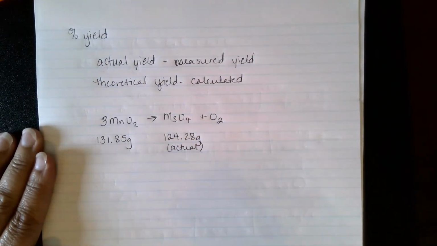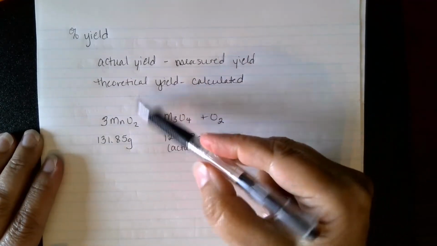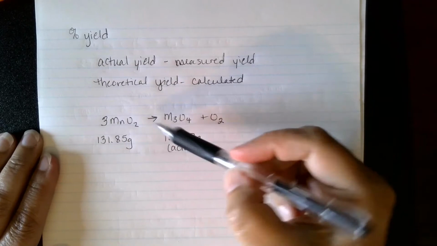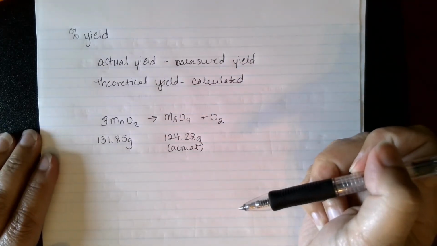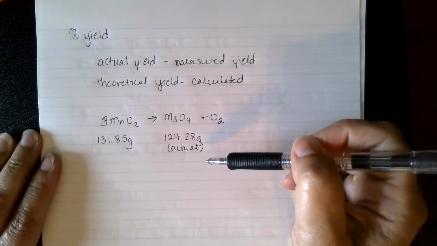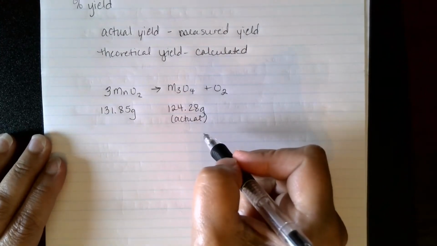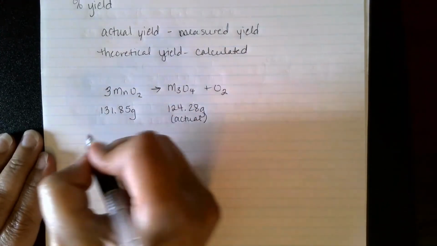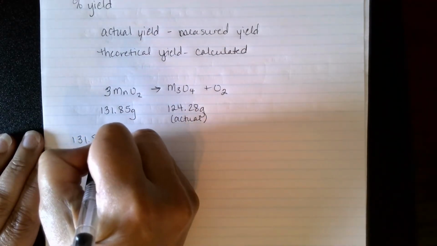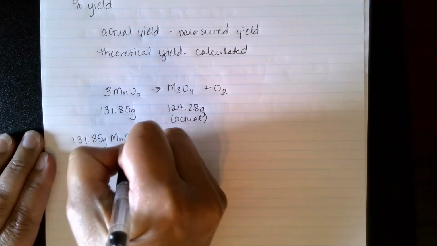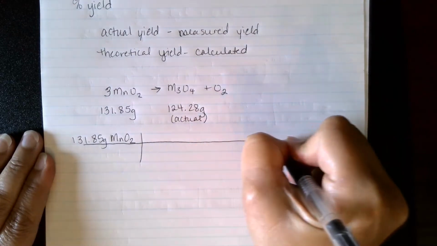Now, how you're going to know you have one of these percent yield problems is that they are going to give you the amount that you start with, but then they're also going to give you the amount of something that you produce. So that's not something that we've seen before. So in order for me to find my percent yield, I'm going to have to calculate that theoretical. And just like in our last video, this is going to take those 3 steps.